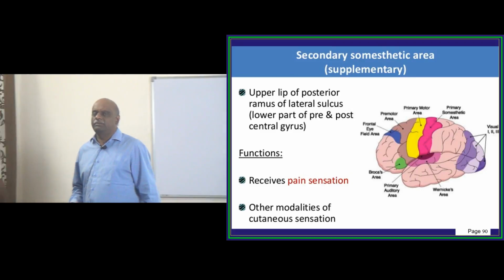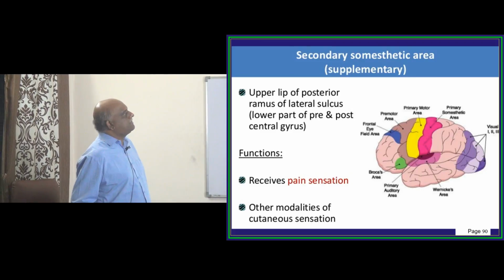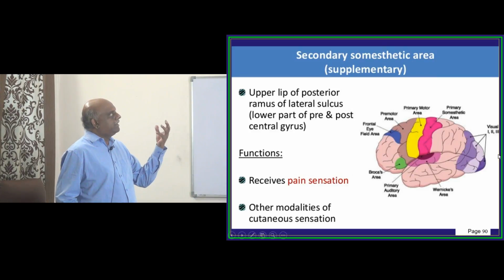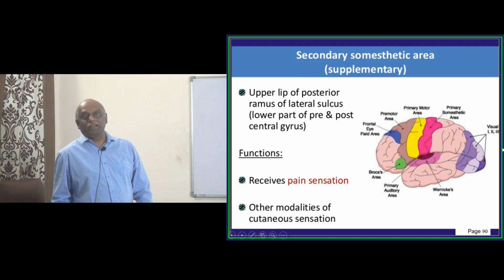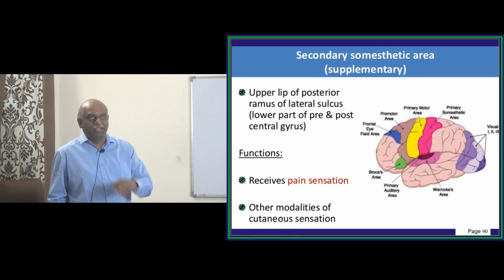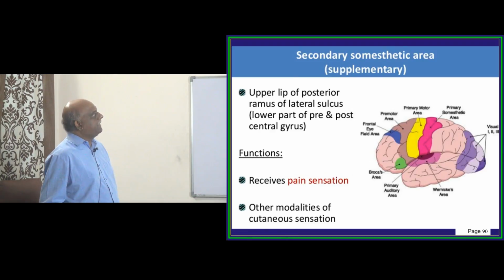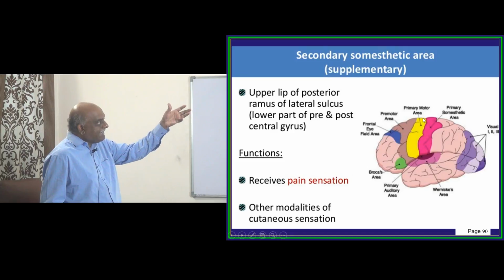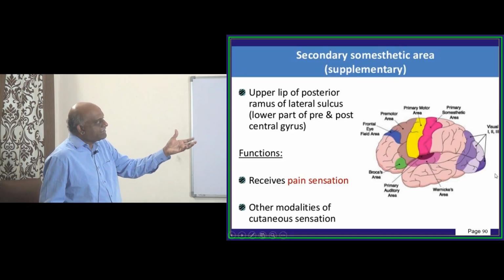Then you have secondary somesthetic area, which is also called the supplementary area. Somesthetic primary एक होता है and secondary somesthetic area होता है. So where is this located? This posterior ramus of the lateral sulcus. You have the lateral sulcus, no?